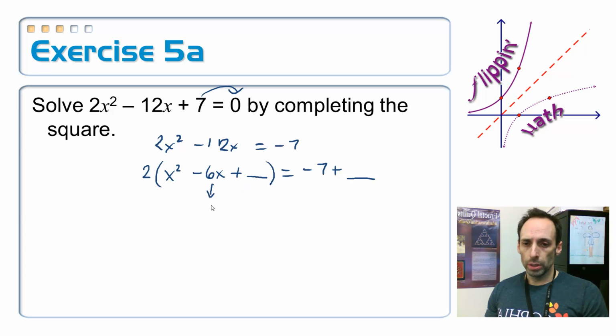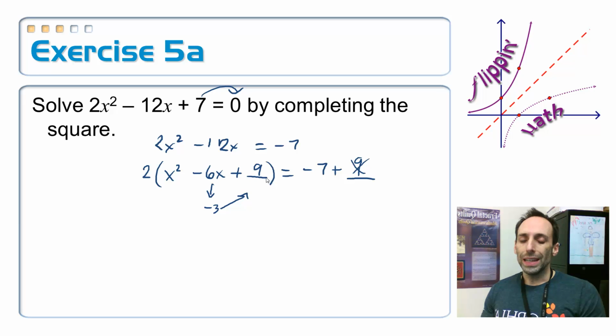Divide this by 2, and I get negative 3. Square that, and I get 9. And you might think that you're going to add 9 to this side as well, but you're not. Let me get rid of that. The reason why you're not is because you didn't really add 9 to the left side.